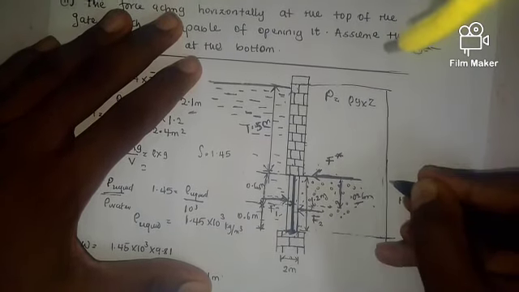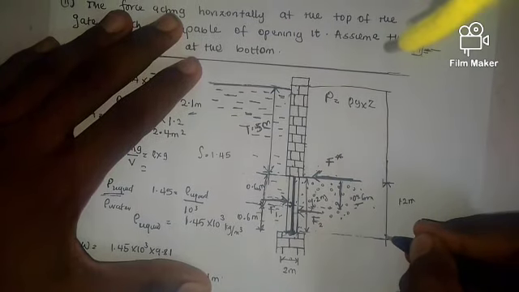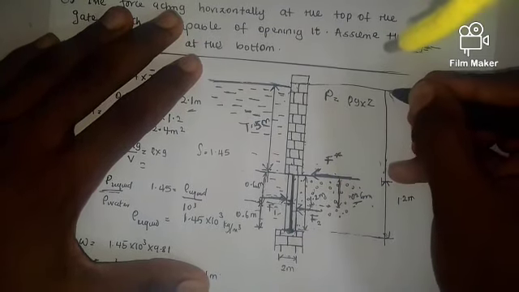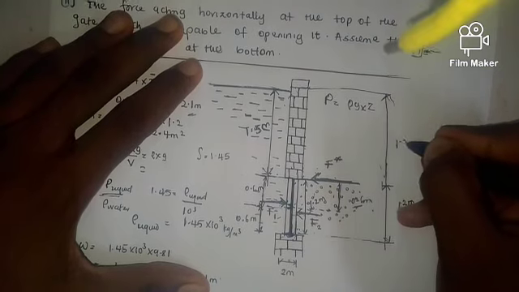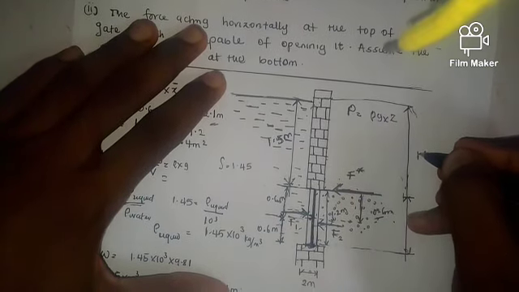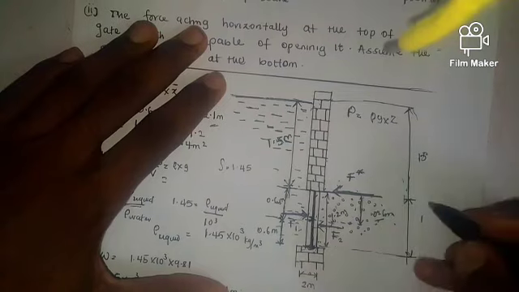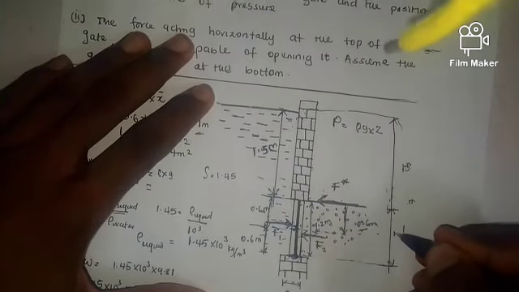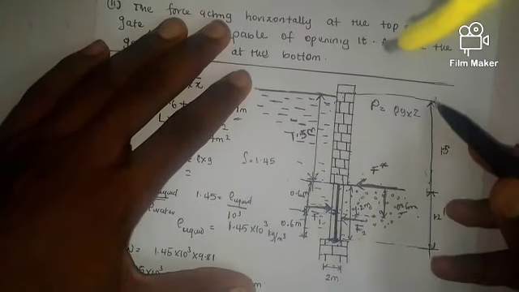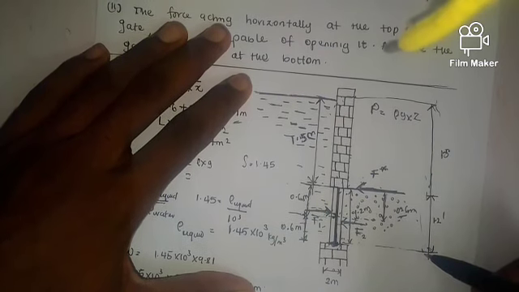And from here to here, which is the height of this liquid, is 1.5. So from here to here is basically 1.5 plus 1.2.